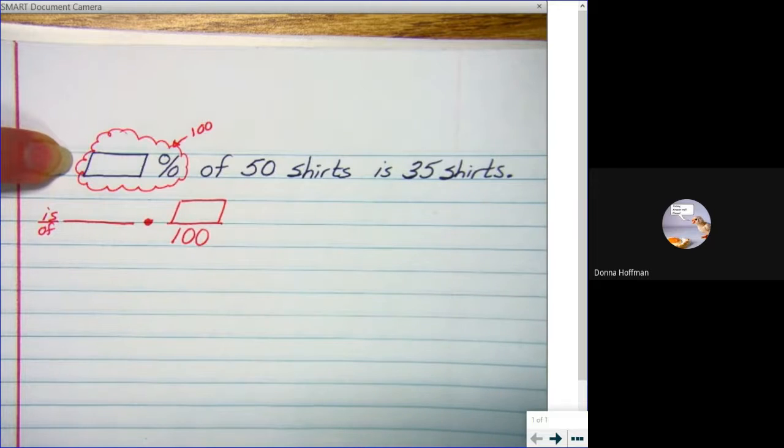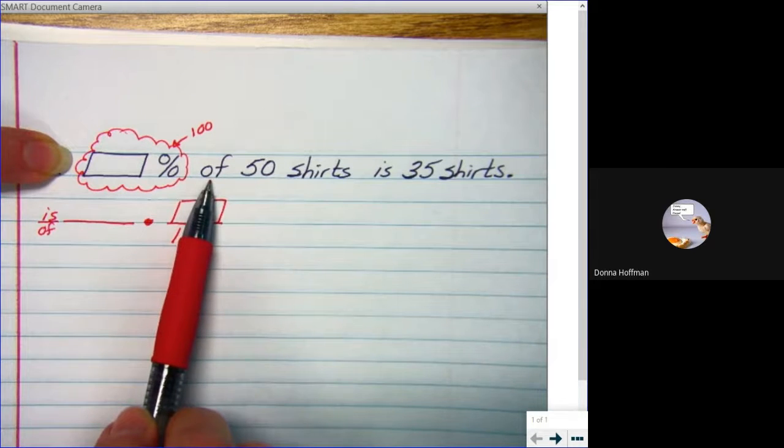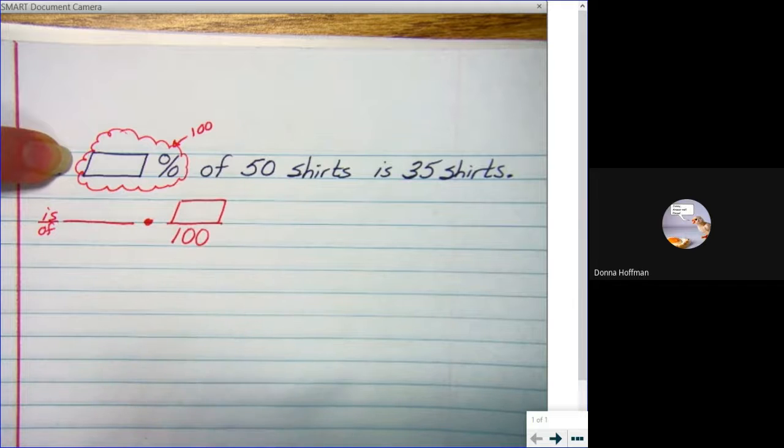Okay, now I'm looking for an is, and I'm looking for the of. Can you help me find one of those? Which one? What number goes with the is? Okay, so what number is the is?